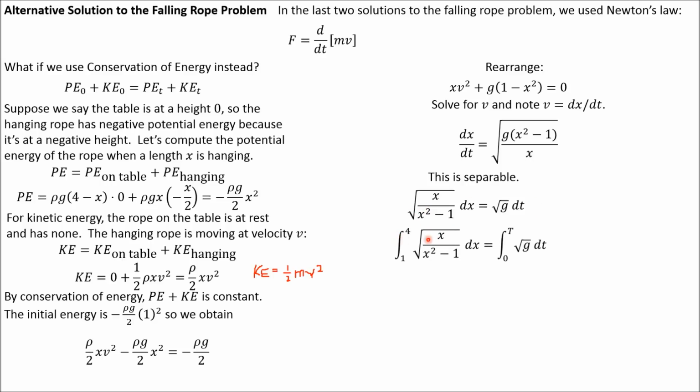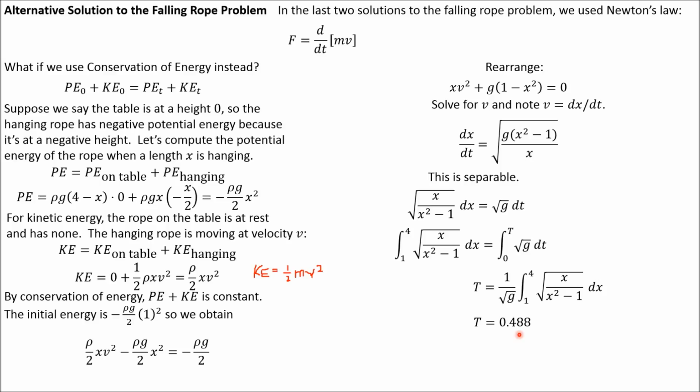And again, we can integrate x from 1 to 4, and t from 0 to capital T, where capital T is the moment that the rope falls to 4 feet. And so we have this. The right-hand side is just root g times capital T. So we can solve for capital T, 1 divided by root g times this integral. And we conclude that capital T is just less than half a second.